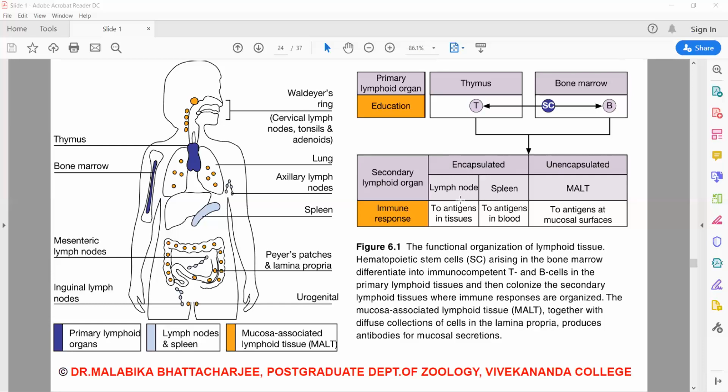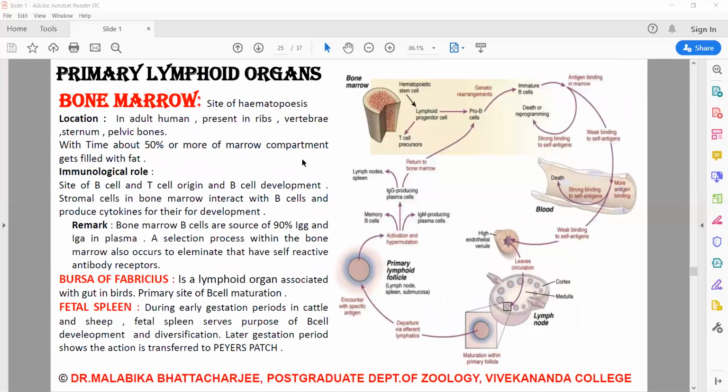Spleen specifically traps the antigen of the blood, and MALT, as you can see, specifically traps the antigen of the mucosal tissue. So this is a scheme of how the lymphoid system or the immune system along with its primary and secondary lymphoid organs works. Now coming to the first primary lymphoid organ, the bone marrow.